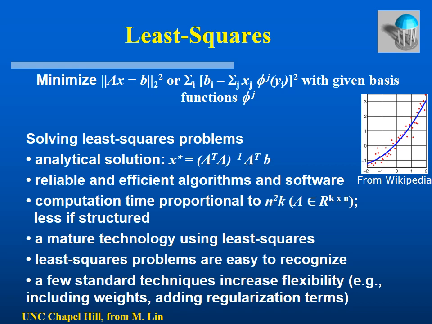Now let's assume that we're given a bunch of values of y. For the first y1, we are told that the value is b1. So for y1, the value is b1. For y2, the value is b2.